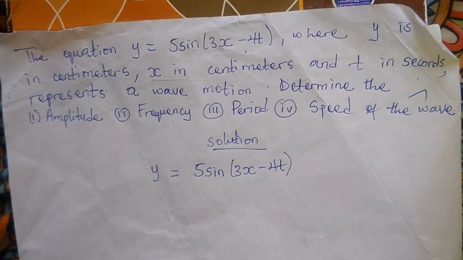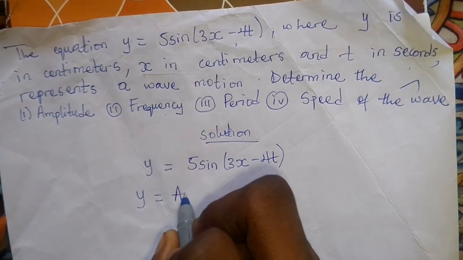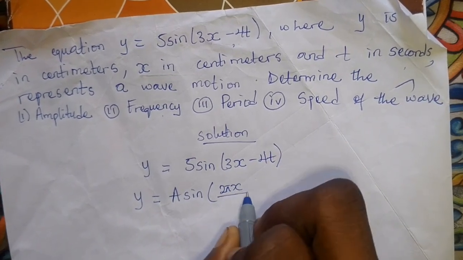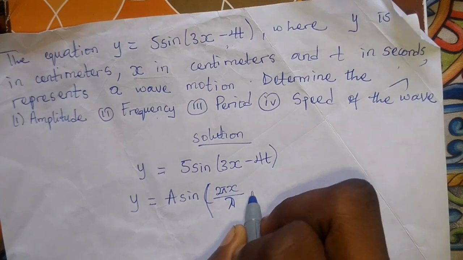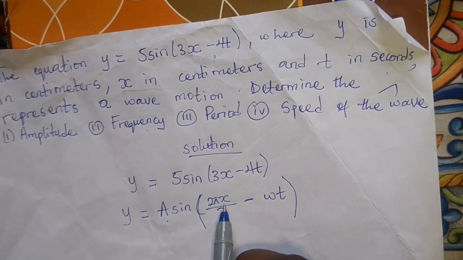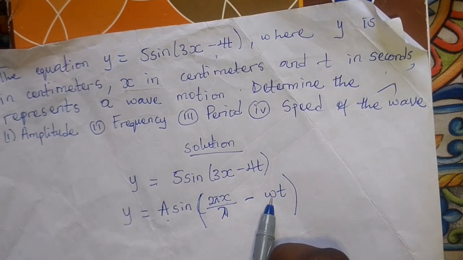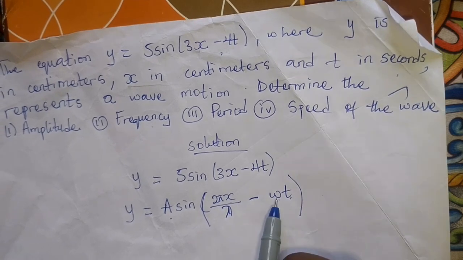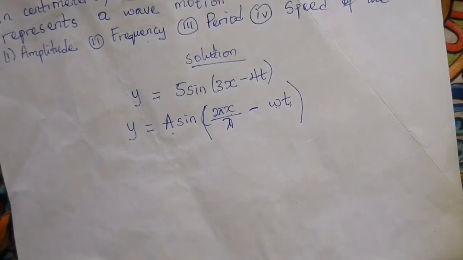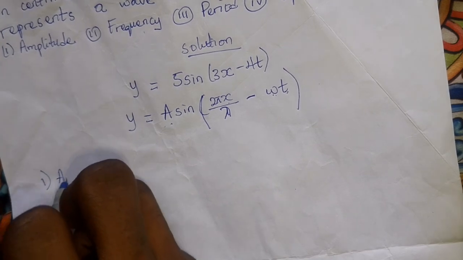The base equation for a wave motion is y equals a sin(2 pi x over lambda minus omega t), where a is the amplitude, x is the displacement, lambda is the wavelength, omega is the angular speed, and t is the time, not the period.